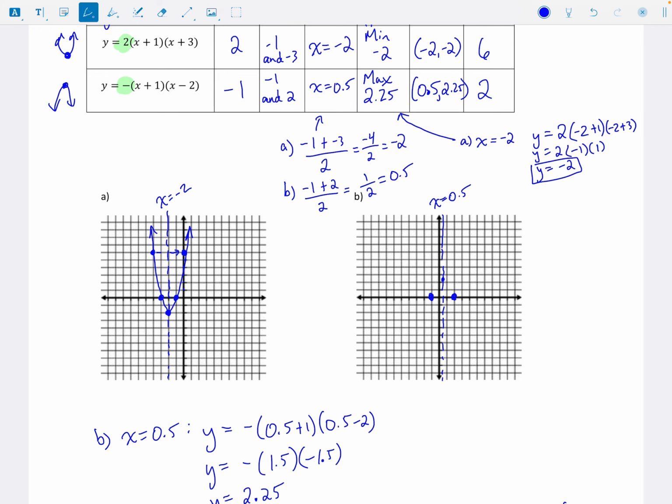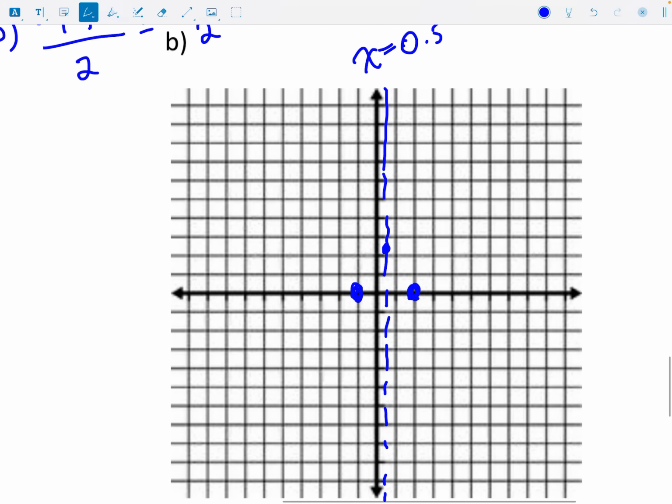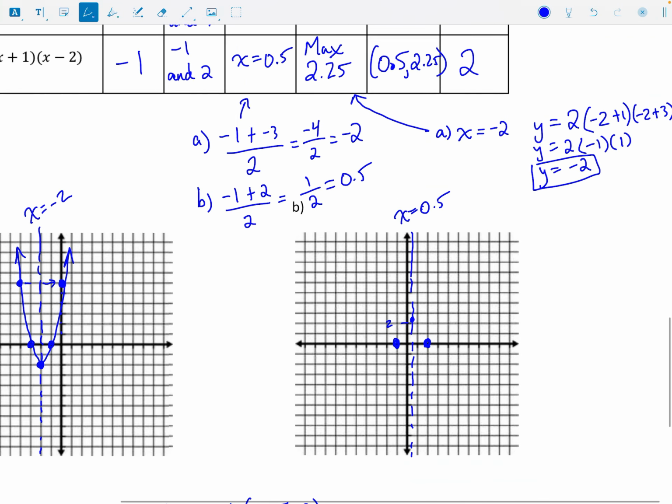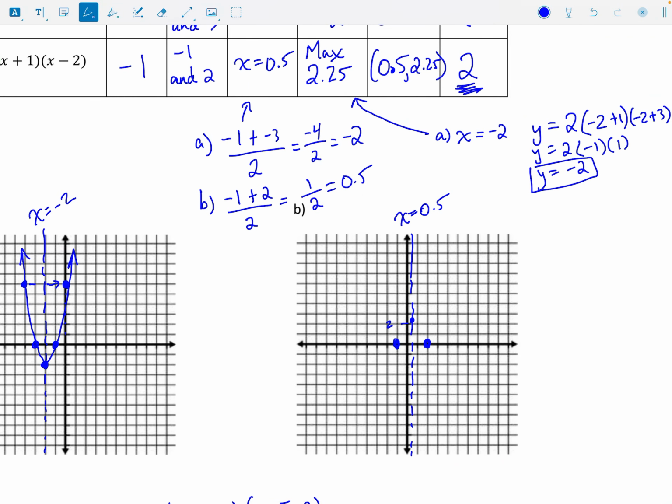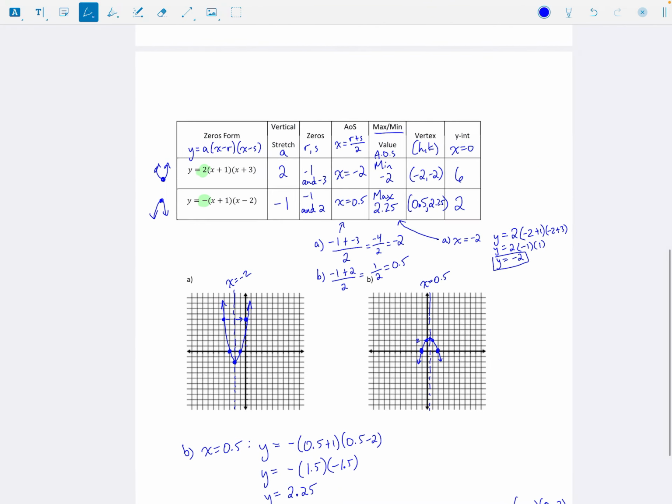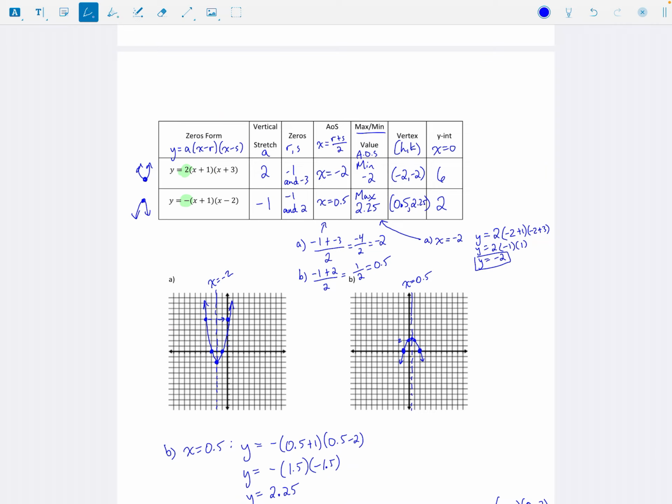So it's just right here, just a little bit above this 2 line. You'll also notice that the y-intercept was 2. So here's our y-intercept, which would mean there's another point over there. So it just goes like this and like that. And that is how you graph from zeros form.